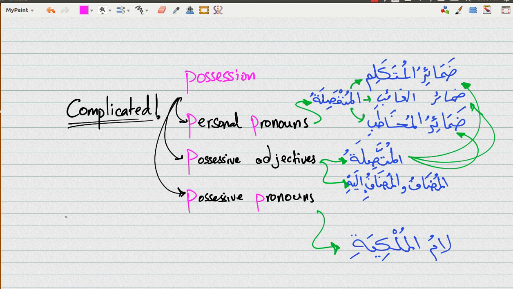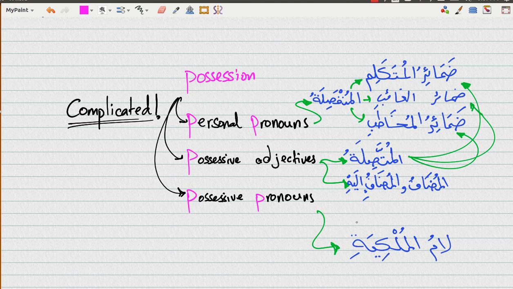Then if I'm going to talk about personal pronouns, I have to introduce pronouns in Arabic, and then I'm going to talk about possessive adjectives in English, and that will give me another topic to talk about. They are also pronouns but attached, and also another way of representing possessive adjectives, and that's using al-mudaf and mudaf ilayh, which is a topic that really is not there in English.